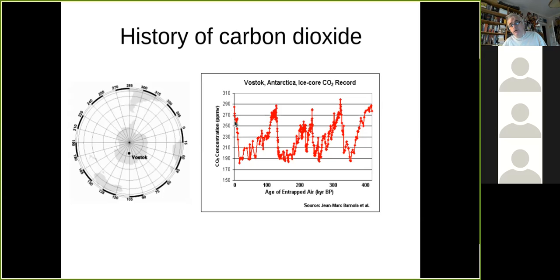High carbon dioxide is connected to high temperature on the Earth, and low carbon dioxide, researchers claim, is connected to ice ages, that is, low average temperature. And there are a lot of indications that the last ice age that we encountered, no one can tell anything about it, it's more than 10,000 years ago or something like that.